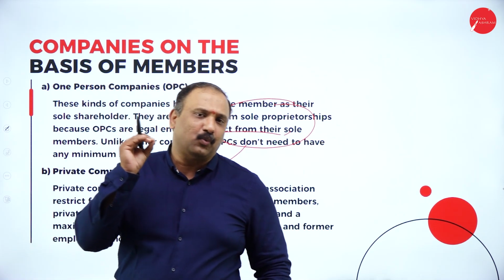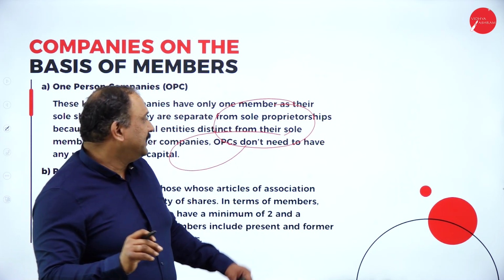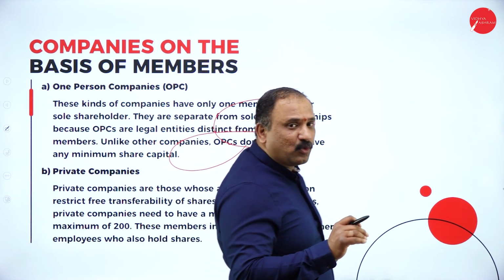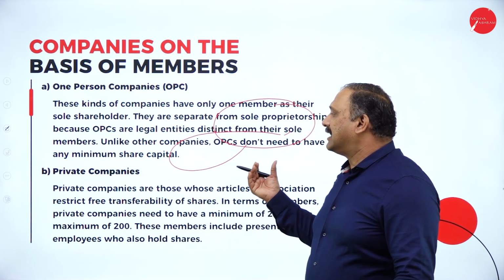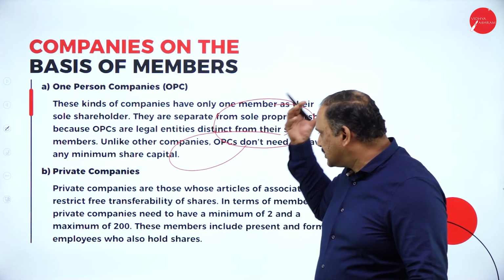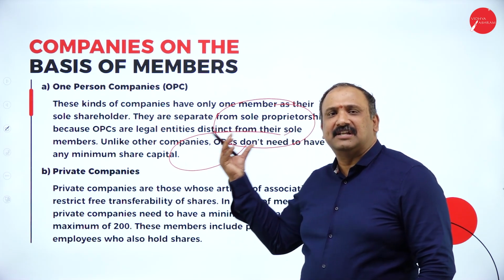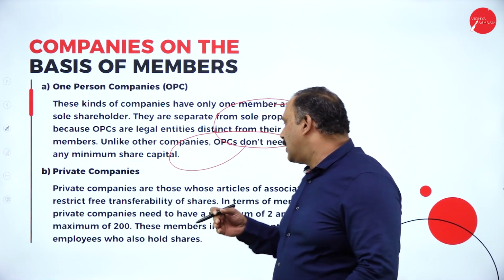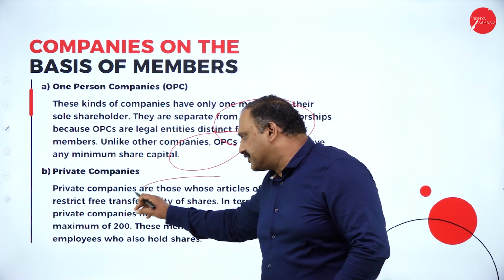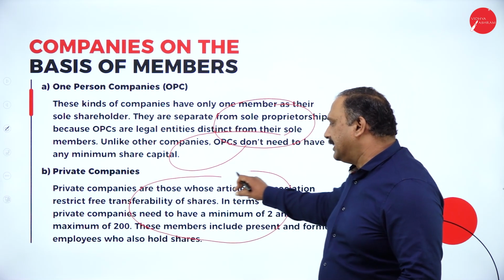So I can be just one person, start a company, and I can say that this is what I have been talking about, which means there are companies which do not have any minimum share capital. You can still have one person as a sole shareholder and run a company. Private companies are one where the articles of association restrict the free transferability of shares.